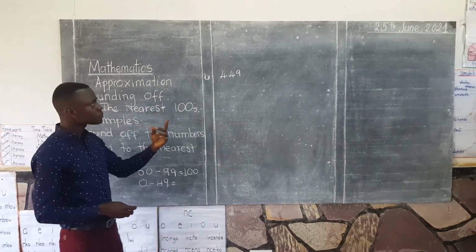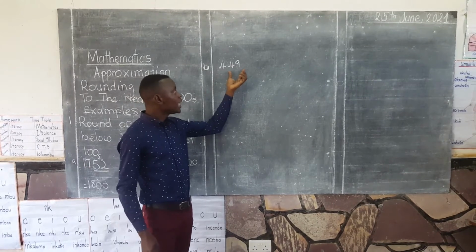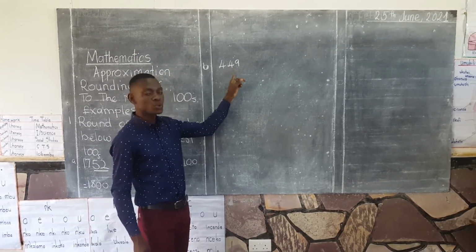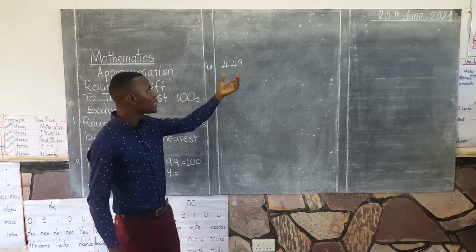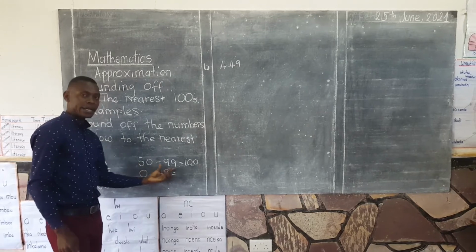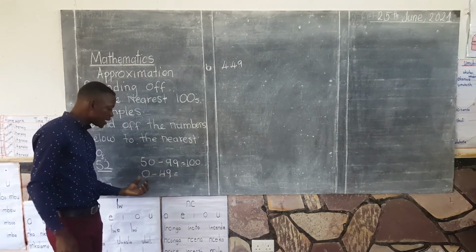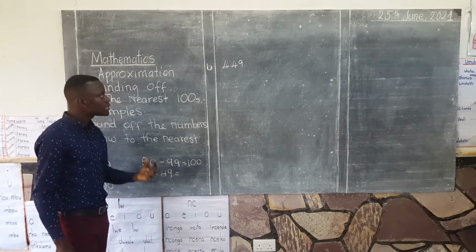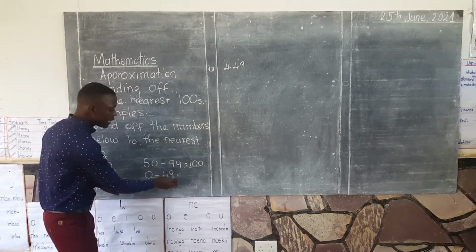We check the last two digits, which is 49. Is this number 49 between 50 and 99, or is it between 0 to 49? So we find that 49 is here.